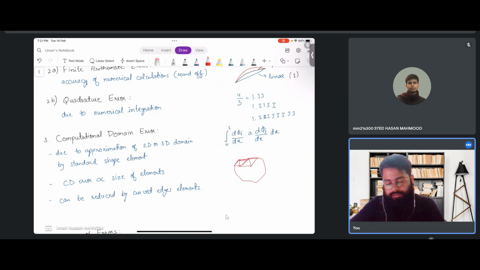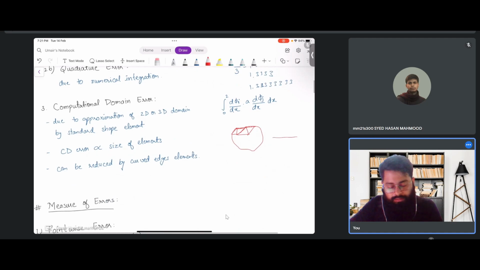However, for the 1D case, the domain is just a line, and you can break a line into smaller lines. That's it. So there's no error coming in the 1D case from the computational domain error, and this type of error can be reduced by reducing the size of the element, or having more elements.